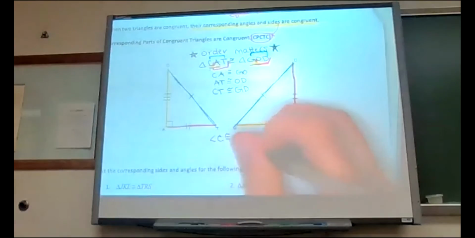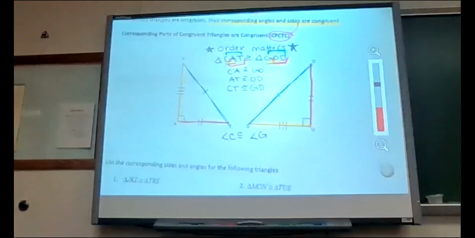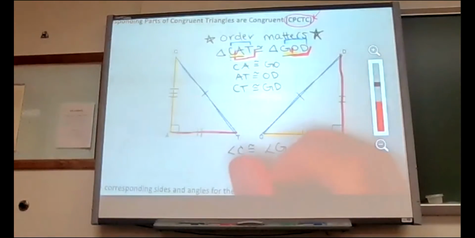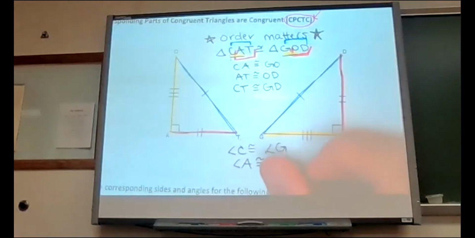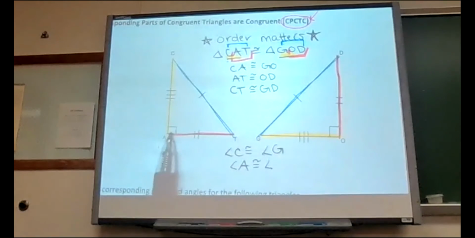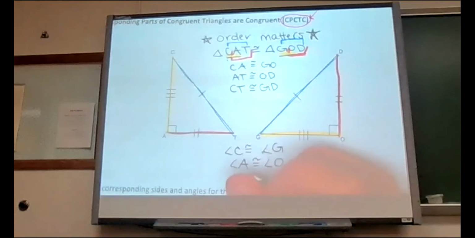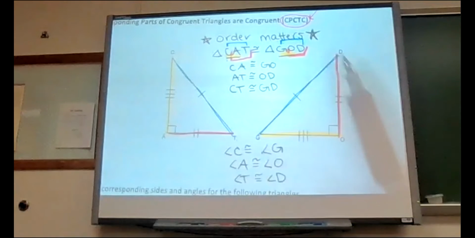Angle C goes to angle G. I feel like this isn't zoomed in enough. Angle A would be congruent to angle, that one should be easy because just looking at it, angle A is the same as angle O, those are the right angles there. Angle A is congruent to angle O, and angle T is congruent to angle D, okay?